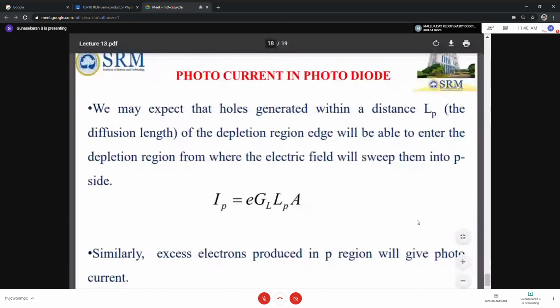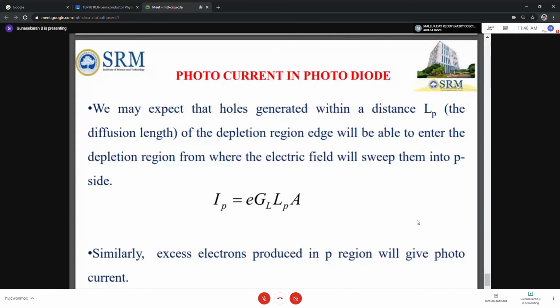Now how are you going to express this equation? When holes and electrons are generated within the distance Lp and Le of the depletion region edge, they can enter the depletion region, from where the electric field sweeps them out.